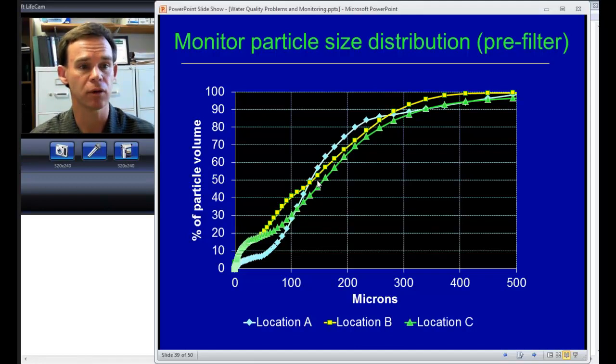Okay, what's a micron? Well, to give you an idea, 500 microns is half a millimeter. Okay, and so that would be about a 50th of an inch. So depending on the size of the holes in your filter, it's going to take out more or less of the particles.